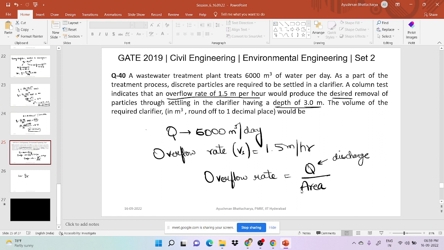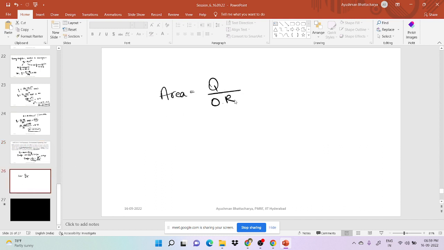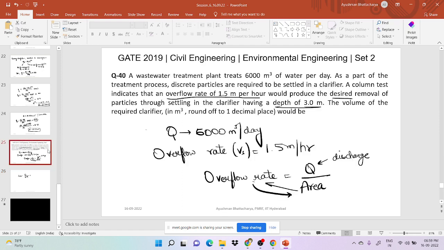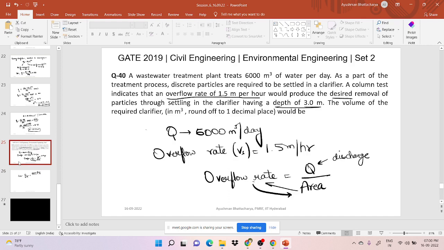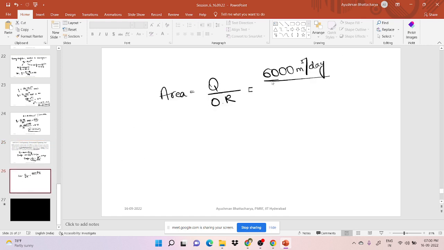Q they have mentioned as 6000 meter cube per day, and overflow rate as 1.5 meter per hour.